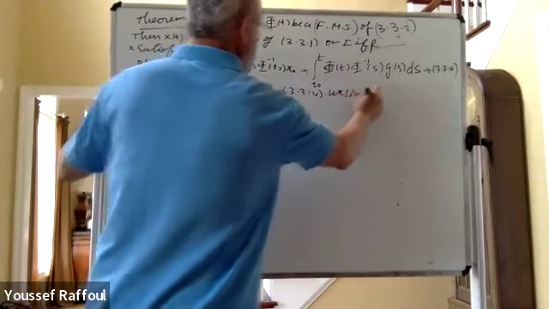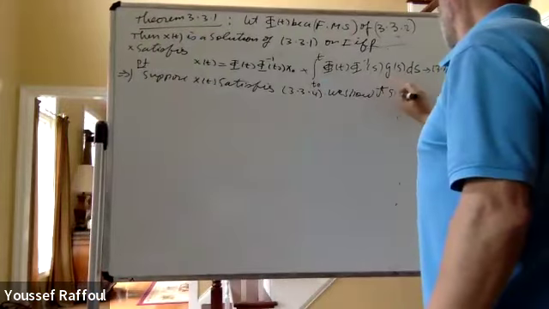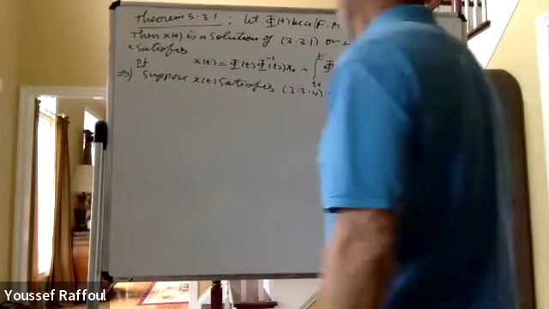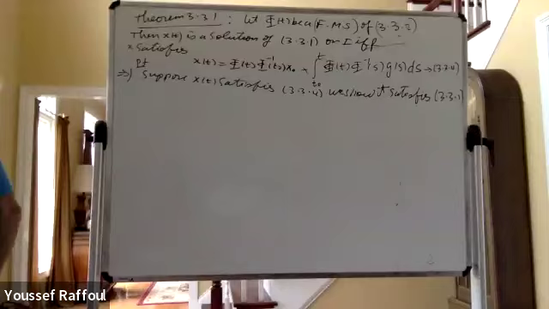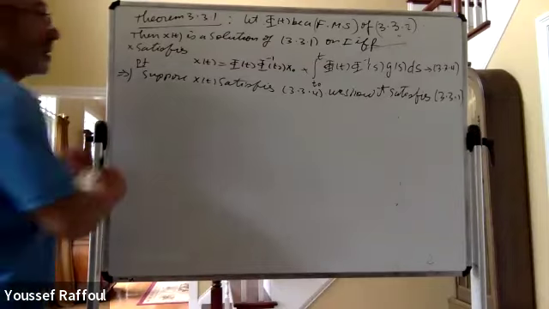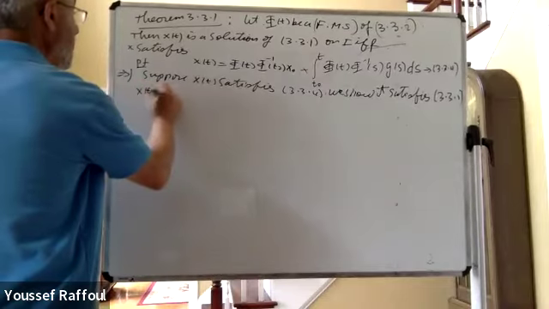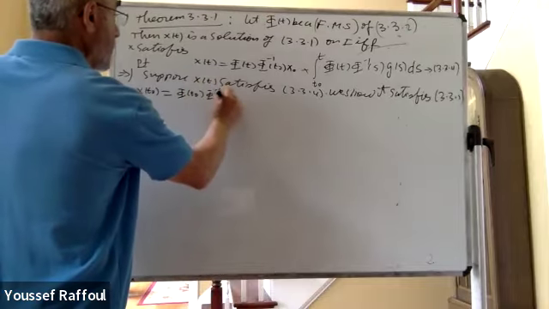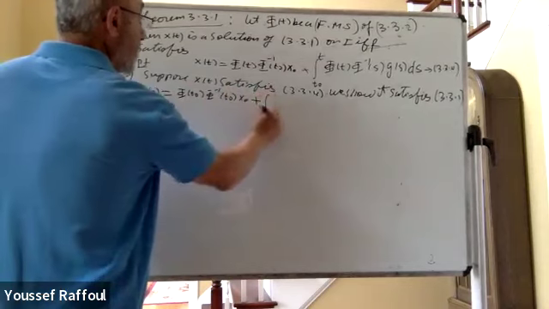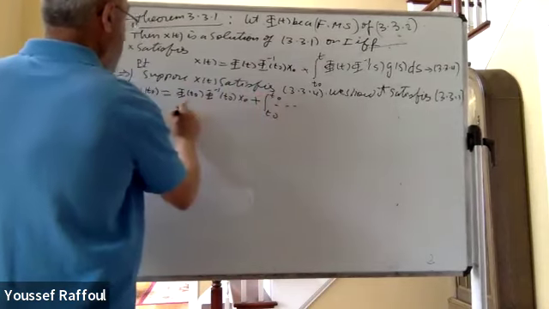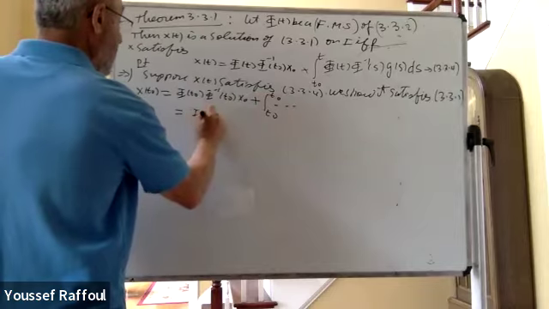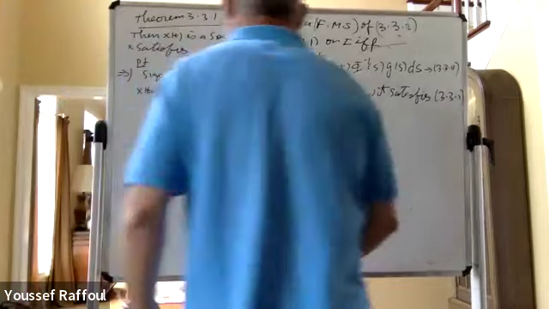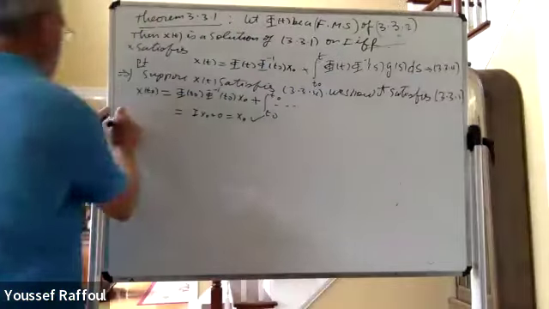We show it satisfies 3.3.1. So first of all, x of t naught equals phi of t naught, phi inverse of t naught, x naught, plus the integral from t naught to t naught, and that is I x naught plus 0, and that is x naught. So first of all, it satisfies the initial condition.